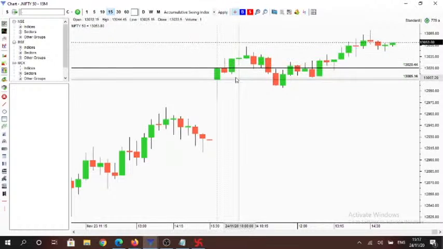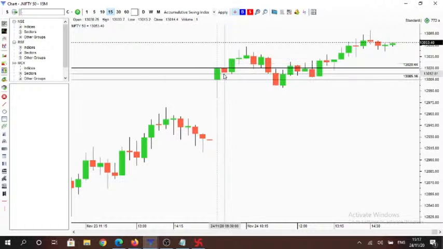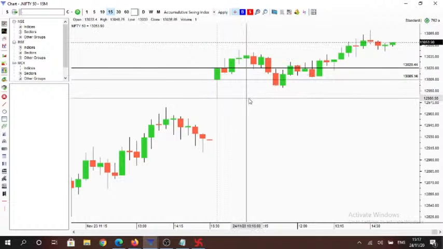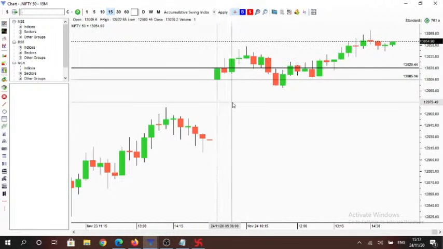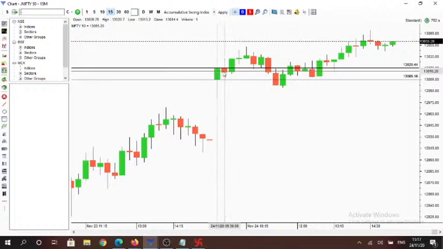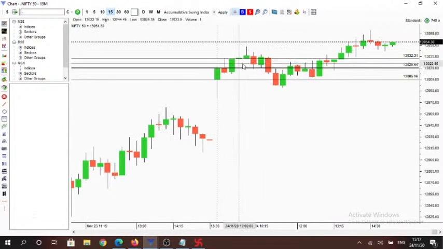Once we formed a candle, the previous candle low was breached. We did not exit this position because our initial stop is the day's low. Once the market started forming higher high, higher low, higher high, higher low, we modified our trailing stop to previous candle lows.